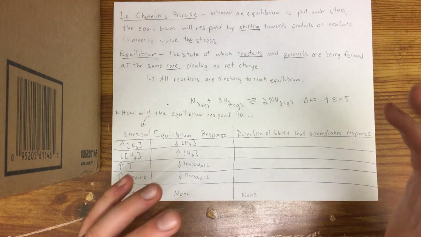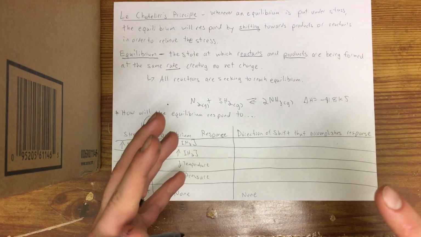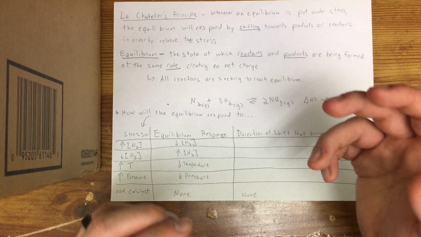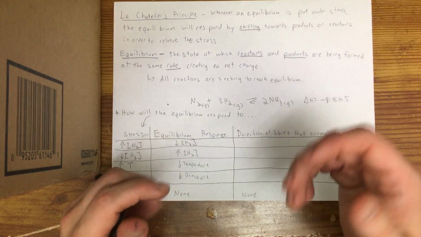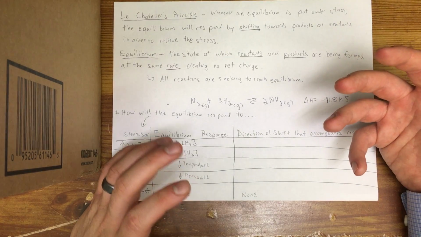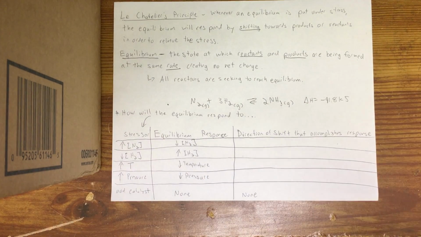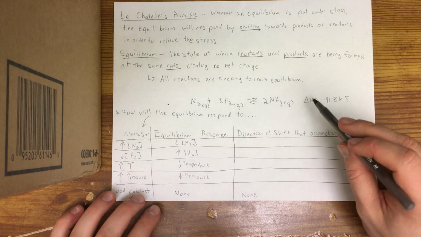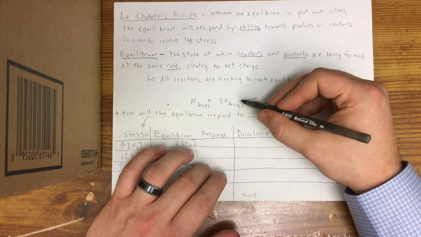And we know that any chemical reaction that we write is in fact an equilibrium, and that when we mix chemicals, those chemicals are going to proceed until they have reached that state of equilibrium, and that signifies sort of what we see as the end of the reaction, because we would stop seeing chemical change at that point. So all reactions are trying to reach equilibrium, and when that happens, our products and reactants will be forming at the same rate.